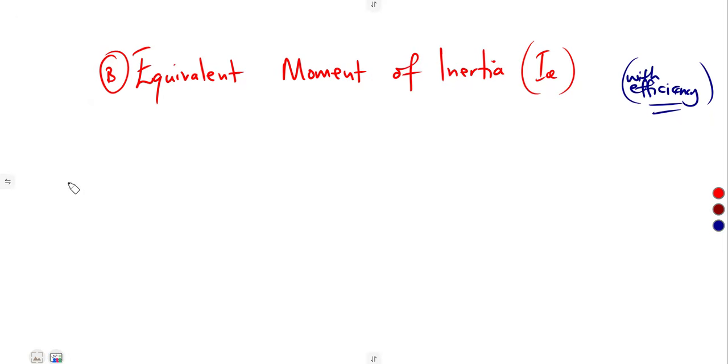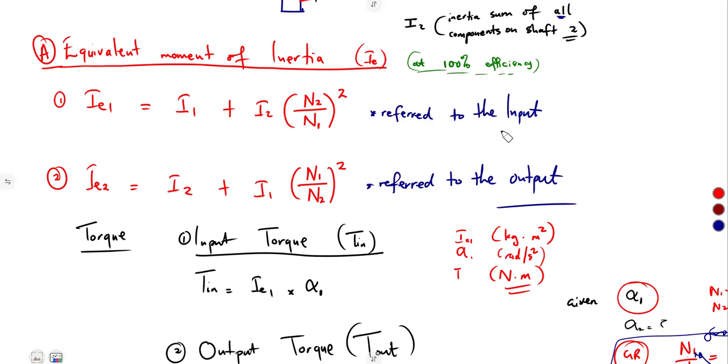This is what I'm trying to say. Number one, we refer to the primary, which is the input. When there is efficiency for the input, you divide the second one. The first one remains.